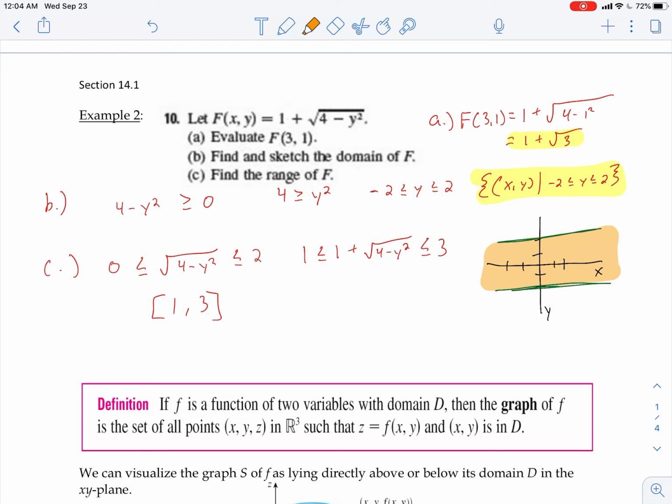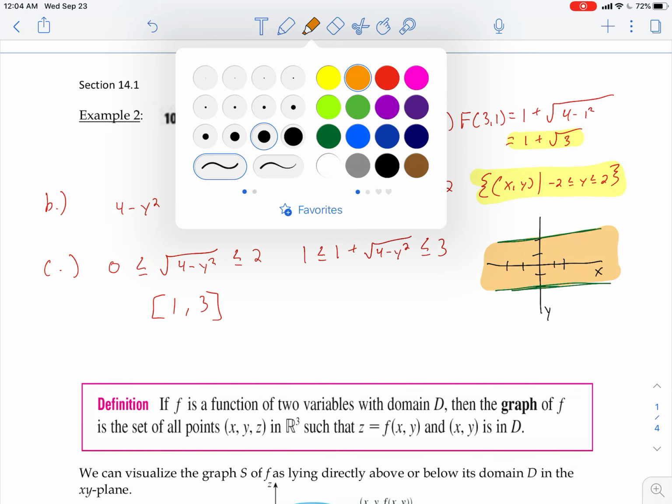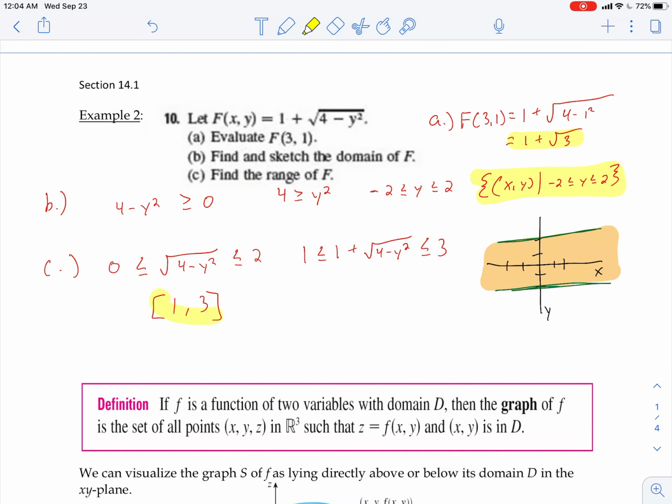Or if I plugged in 0 for y squared, the largest value I'm going to possibly get is 2. And so that's why it's from 0 to 2. And when I add that 1 in, I'm going to add that 1 to both the 0 and 2 for my range. Hopefully that answers that question. And we're finished, so I'm going to highlight the answer there.